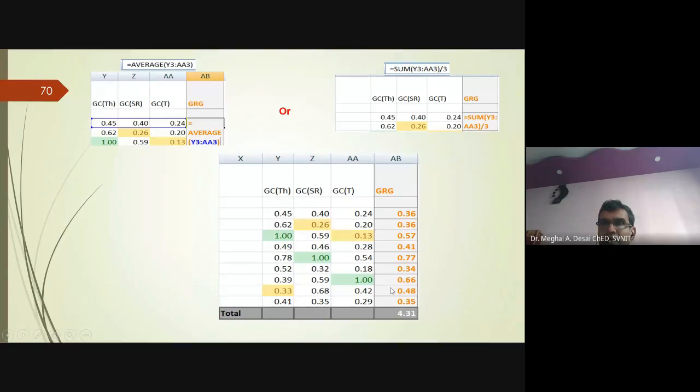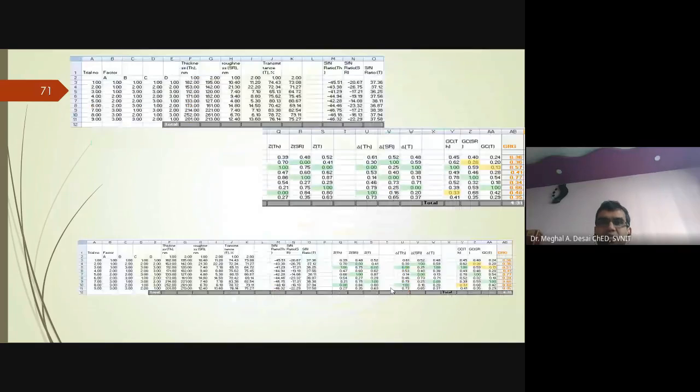So this task was required, as I have told you initially, to combine all signal to noise ratio into one value, that is GRG. Once GRG is there, then the task is very easy. This is the layout of what we have done. Z value, delta value, and GC value we have directly found.